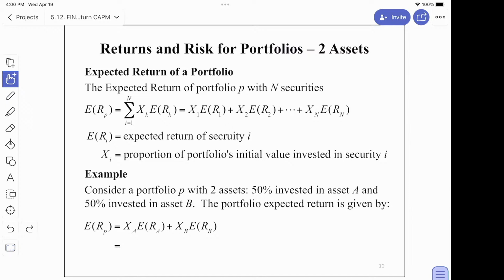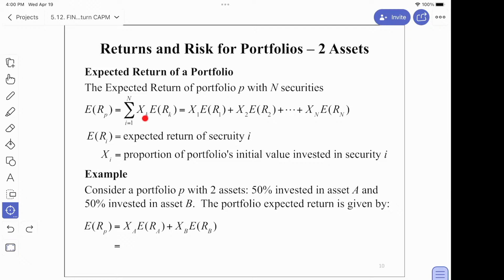Now, you may or may not have learned the statistics for two variables, but now you're going to learn it, okay? So these formulas are going to look familiar. If you have many assets or securities that you're combining to get a return, you will use the weighted average to find the expected return of all those securities.